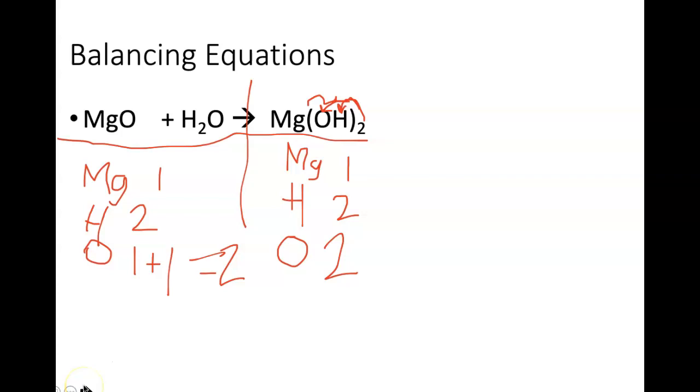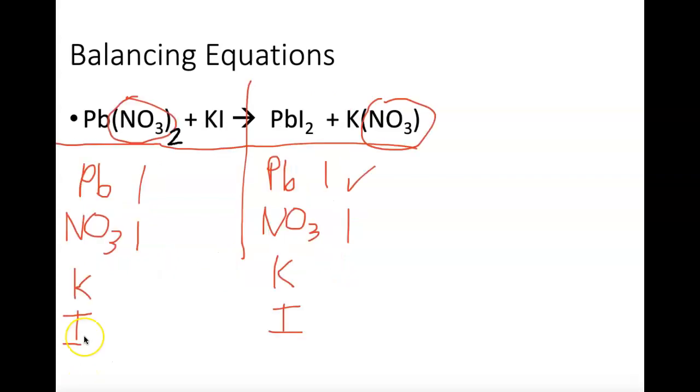Let's take a look at one more. So this next equation, a double replacement equation, I can tell that because there's 2 compounds as reactants and 2 different compounds as products. And this equation, I picked it because it also includes a polyatomic ion nitrate.